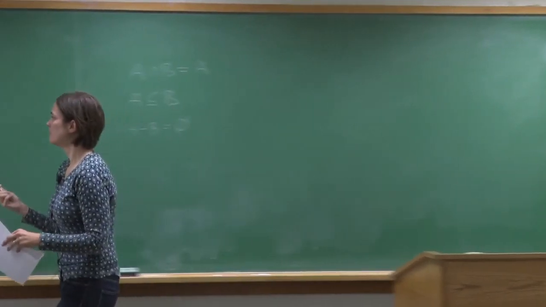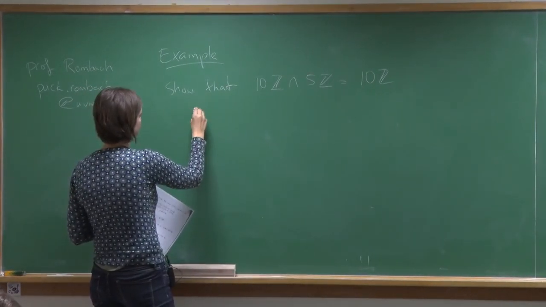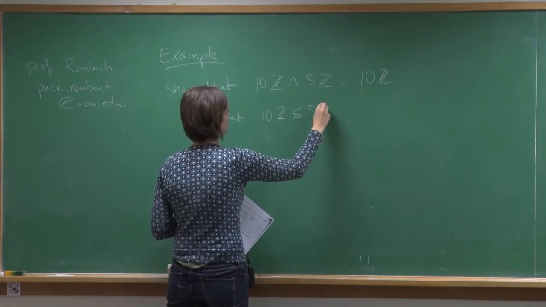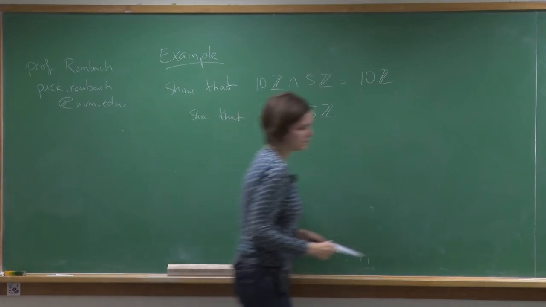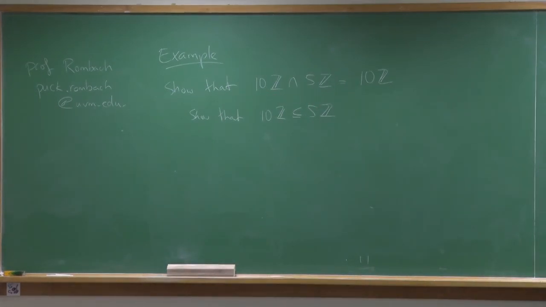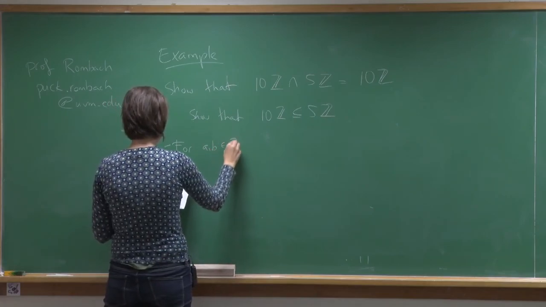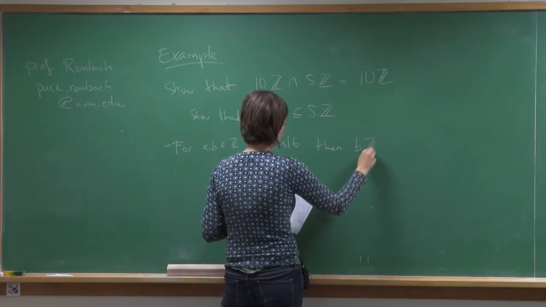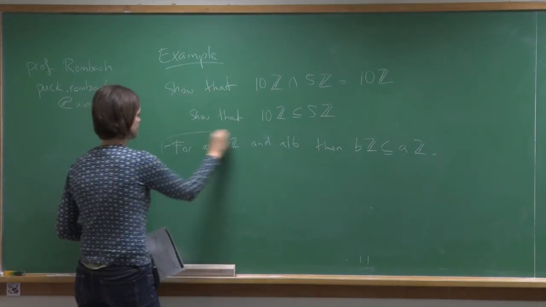So here, probably the most obvious way to prove this would be to show that this is a subset of the multiples of 5, which we actually already did earlier in the notes, when we said that for general A, B, and C, and A divides B, we must have that the multiples of B is a subset of the multiples of A. So we already showed that.